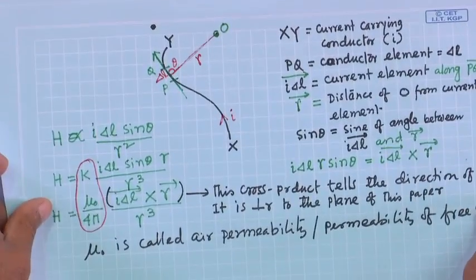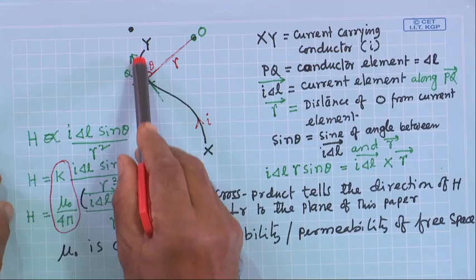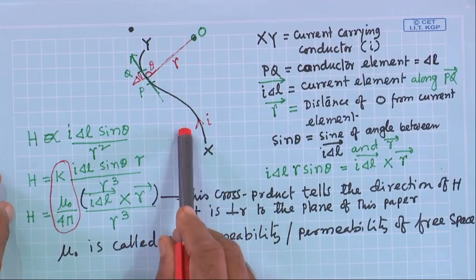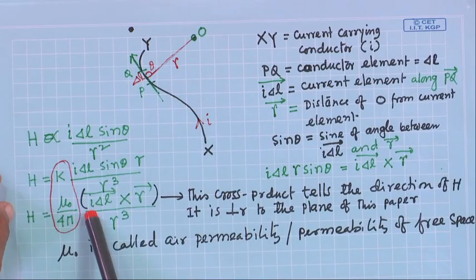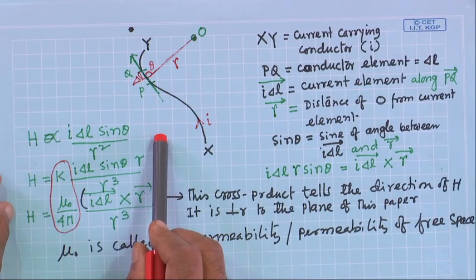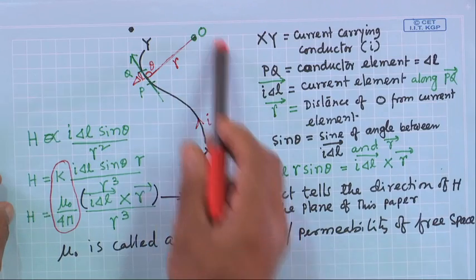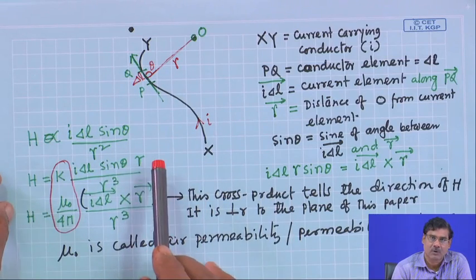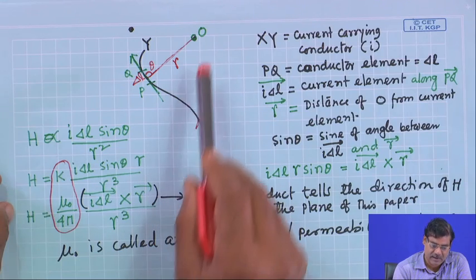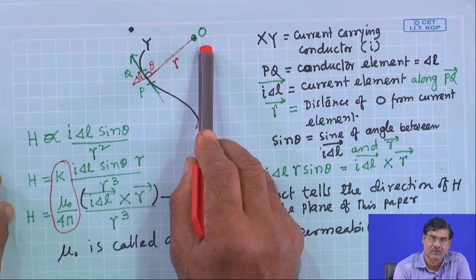If you take a conductor of any form, say XY is a conductor, current I is flowing through this conductor. Now, when current flows through a conductor, it generates a magnetic field in its surrounding. So, what will be the magnetic field at point O, that we want to find out.